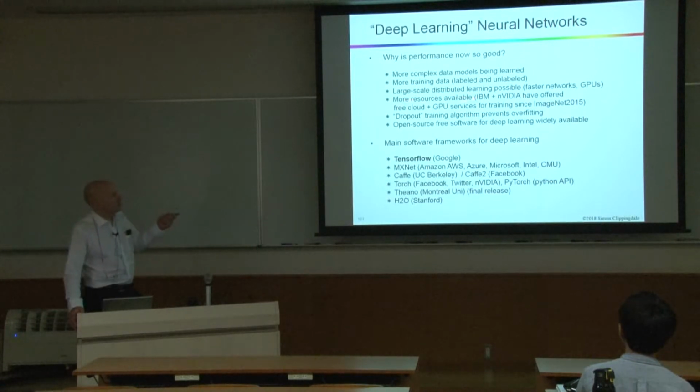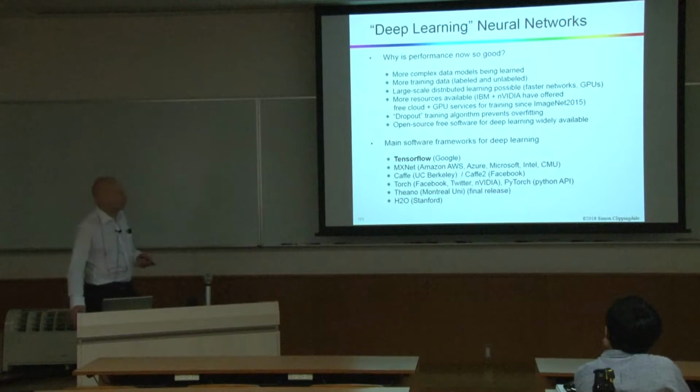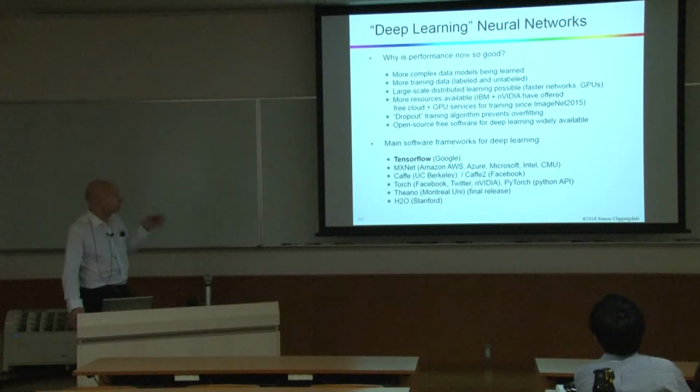There are more resources available. IBM and NVIDIA have free cloud and GPU services available for training. Amazon now offer a cloud service where you can train up a deep learning network on Amazon, so you don't have to buy any hardware if you don't want to. I mean, you have to pay Amazon, but you don't, in principle, have to go out and buy GPUs and do all the software.